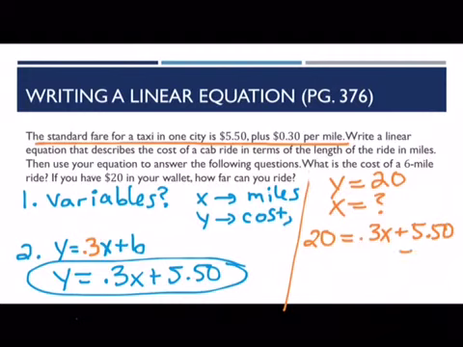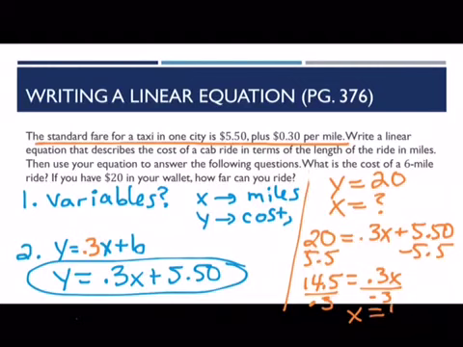So I'm going to subtract 5.5, and that's going to give 14.5 equals 0.3x, and then divide both sides by 0.3. And using a calculator, that gives x equals 48.3 repeating.